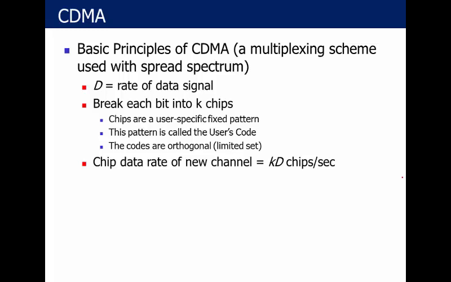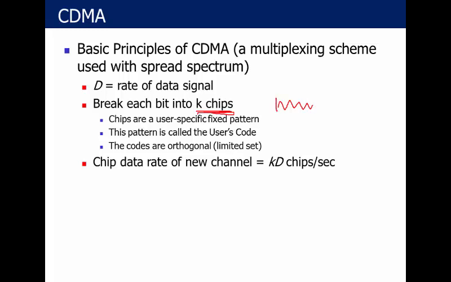The basic principle of CDMA is that D, that is the data rate, breaks each bit into K chips. K chips means we have carrier signals.